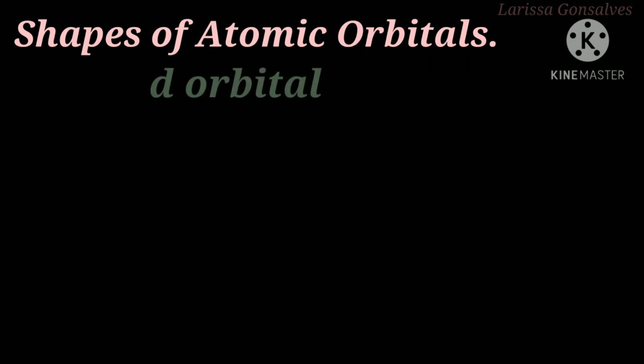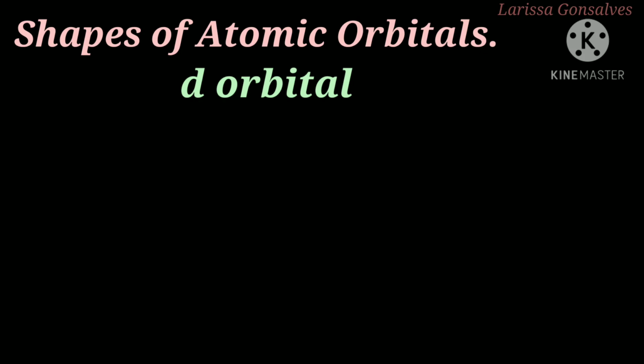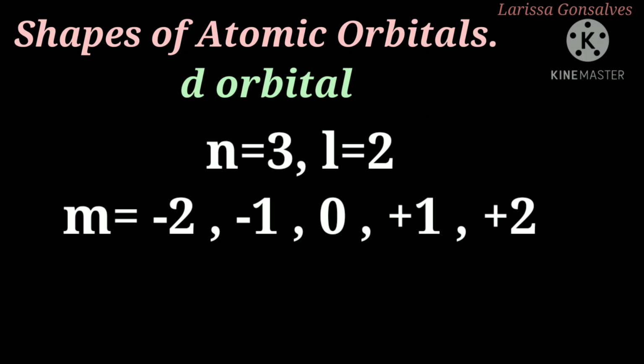Next is the shape of d orbitals. D orbitals begin from the third orbit where n, that is principal quantum number, is equal to 3. For d sublevel, the azimuthal quantum number l is equal to 2, which indicates that the d sublevel has 5 orbitals with the magnetic quantum number m equal to -2, -1, 0, +1 and +2.